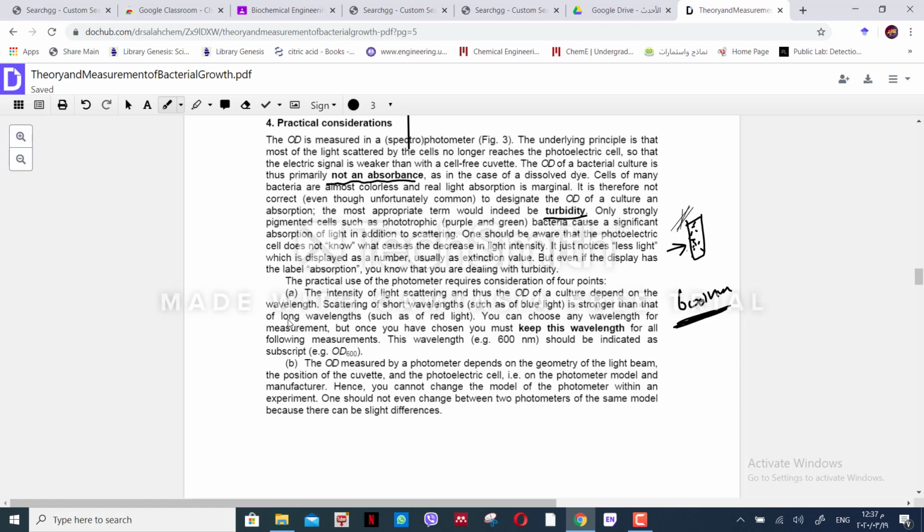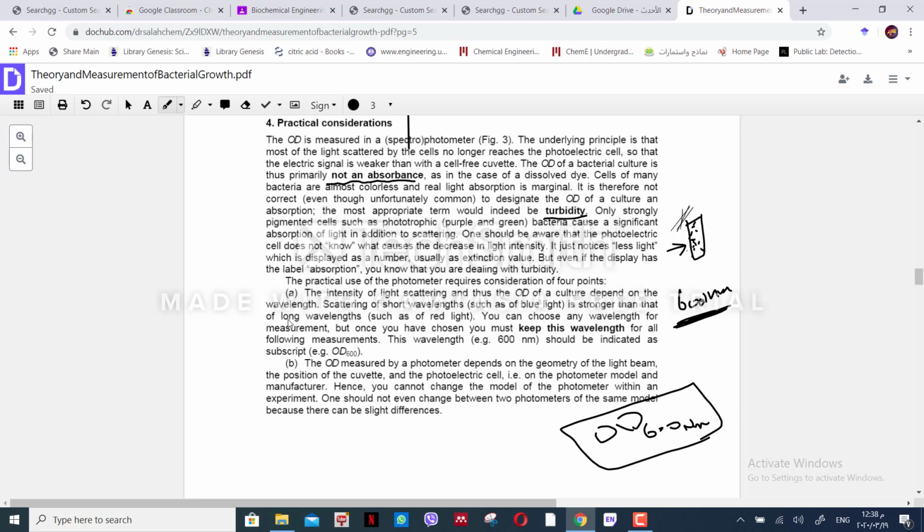Scattering of a short wavelength such as blue light is stronger than that of a long wavelength such as red light. You can choose any wavelength for measurements, but once you have chosen, you must keep this wavelength constant for all following measurements. This wavelength, e.g. 600 nanometer, should be indicated as a subscript, e.g. when I mean optical density at 600 nanometer, we mean that this optical density was measured at 600 nanometer wavelength.